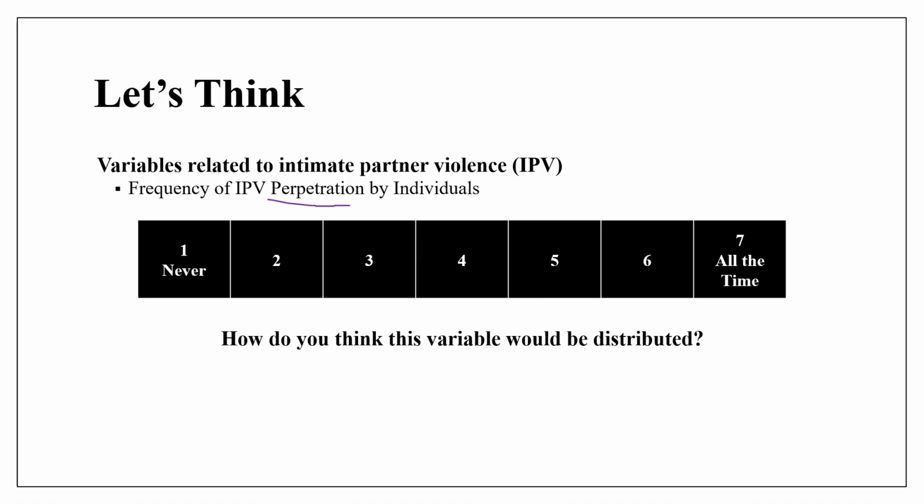So again, if I were to ask participants, how many times have you abused your partner, and I give them these answer choices right here, how do you think this is going to be distributed? Here we have, again, a clean canvas for us to work with.